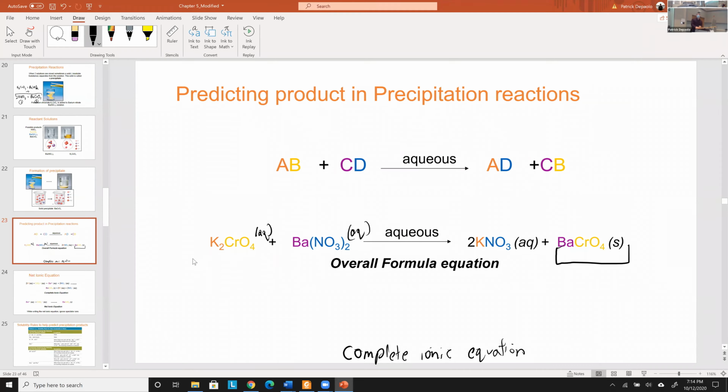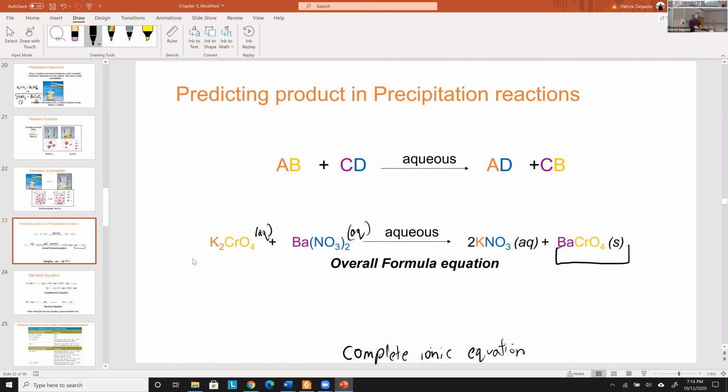It tells you the accurate representation and behavior of each of these ions in an aqueous solution, whereas the overall formula equation doesn't. So the complete ionic equation, once we split it apart, will tell you, if I look into this water and take a scoop of this water, what will I see?